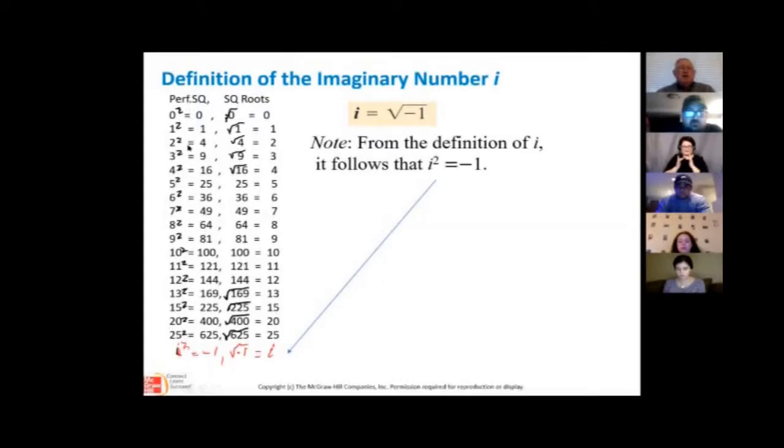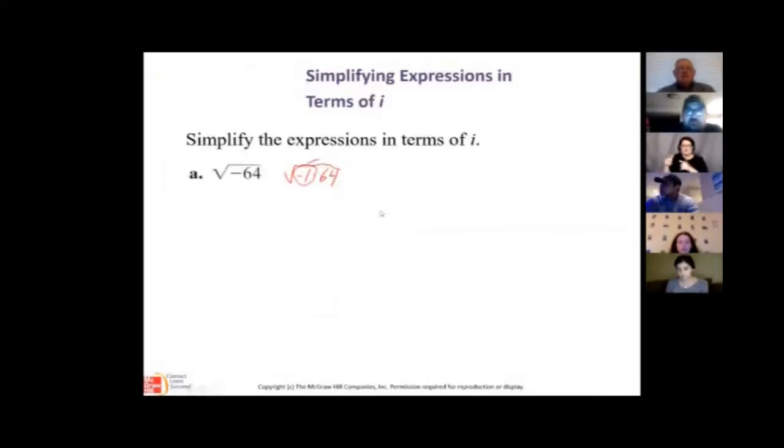Here's the list of perfect squares. With these perfect squares, if you notice down here, if i squared is -1, then the square root of -1 is i. Just like if 25 squared is 625, the square root of 625 is 25. They follow exactly in the same pattern.